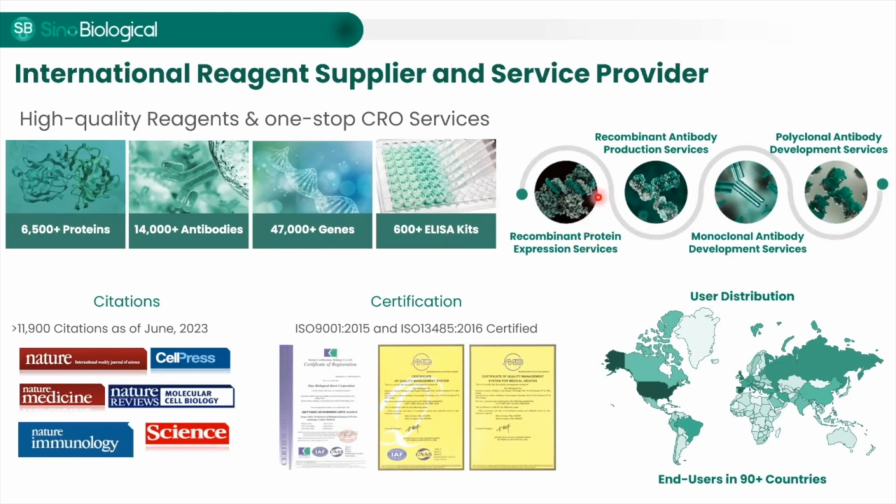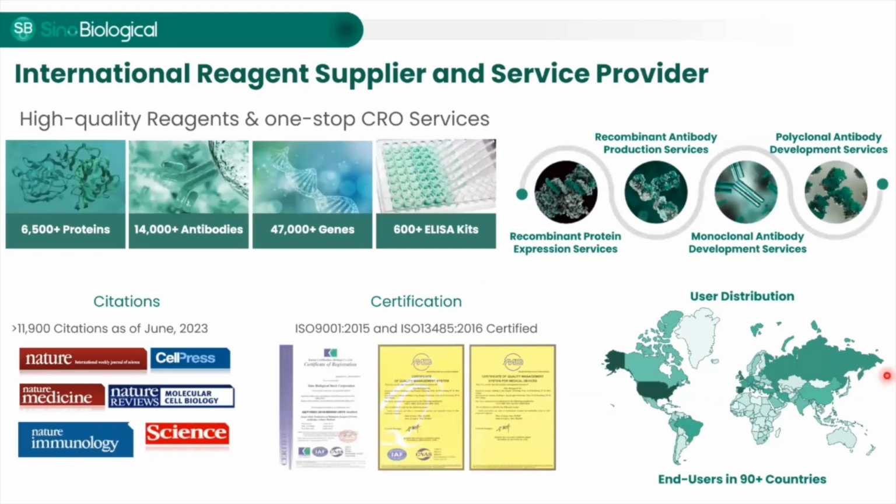We use different expression systems, and from recombinant proteins to monoclonal antibodies, our high-quality products undergo rigorous testing and validation to ensure reliability and consistency. And with our extensive portfolio, we aim to provide researchers with the necessary tools to advance scientific discovery and drive innovation in their respective fields of research.